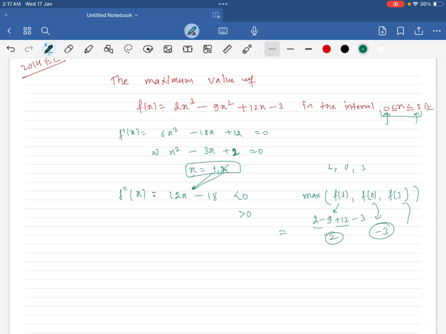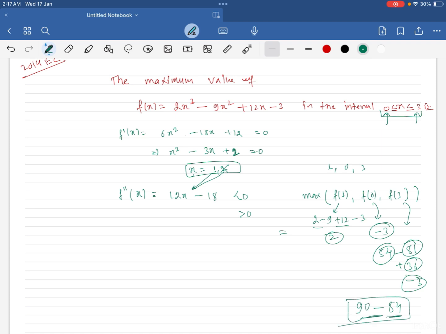And f of 3 will be 54 minus 81 plus 36 minus 3. So that would be 90 minus 84, that will be 6.